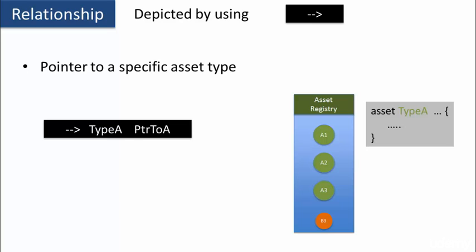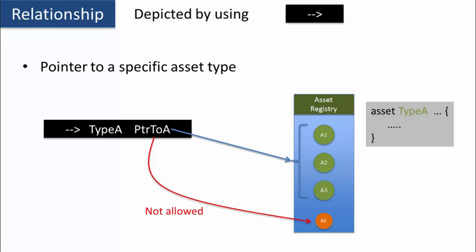Now this pointer to A can point to any of these assets of type A, but it cannot point to an asset which is not of type A. So in this case, this is not allowed. Why? Because the pointer to A is of type A, and we are trying to point to an asset of type B.